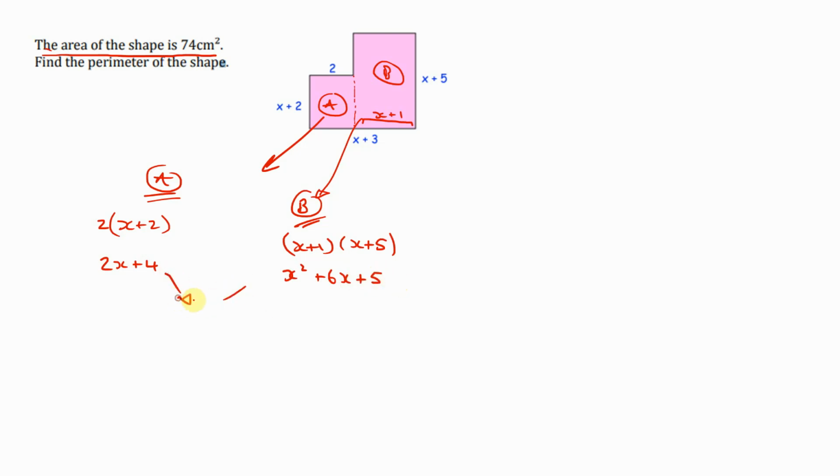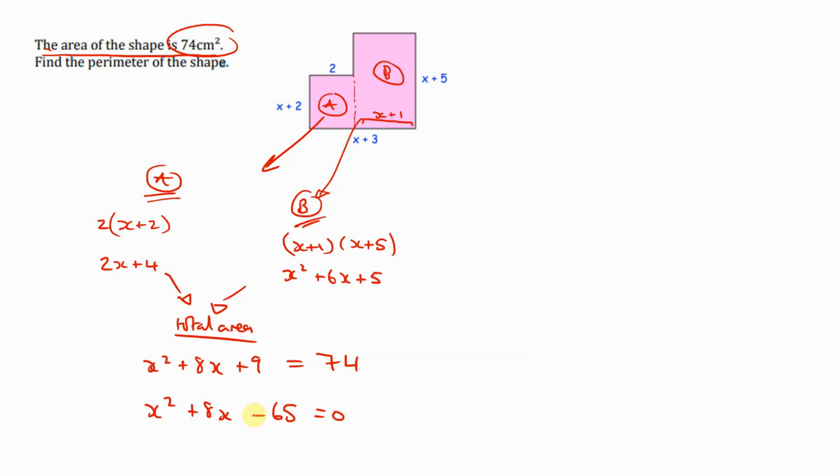So then the total area is going to be x squared, 6x plus 2x is 8x, 5 plus 4 is 9, and then we know that the area is 74, so that's going to equal 74. I want to take away 74 from both sides, so 9 take away 74 is going to be minus 65.